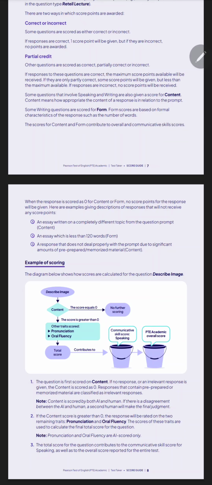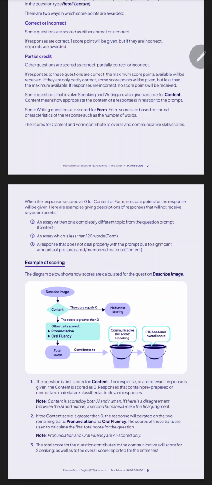Okay, so I would try my best to analyze this illustration, like doing the describe image task. So this flowchart depicts how a task of describe image will be scored.